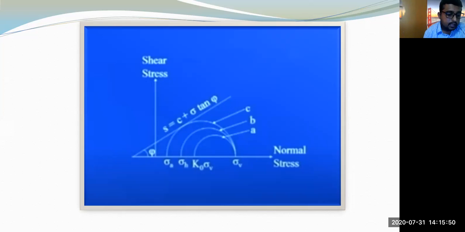What will happen is that the circle will go on shifting in this manner. As the wall displacement moves, a condition will come that the Mohr circle will touch the failure envelope, and that condition will correspond to the failure condition, and the corresponding lateral earth pressure will be known as active earth pressure.